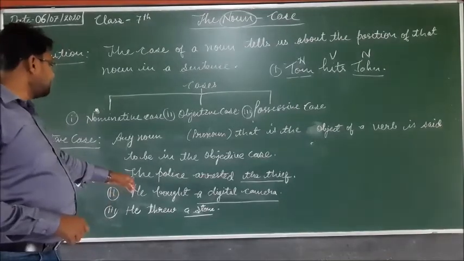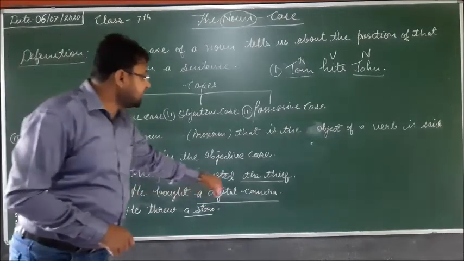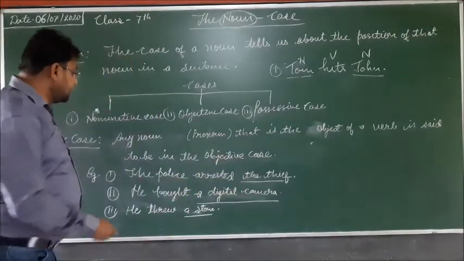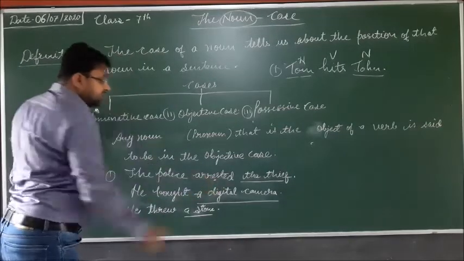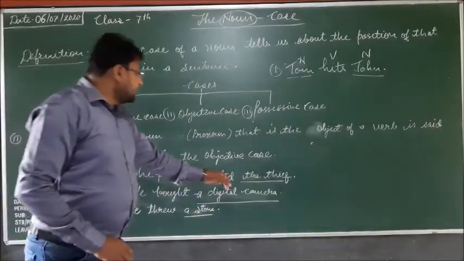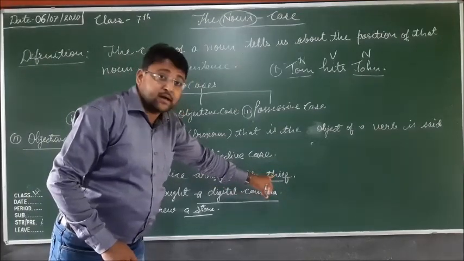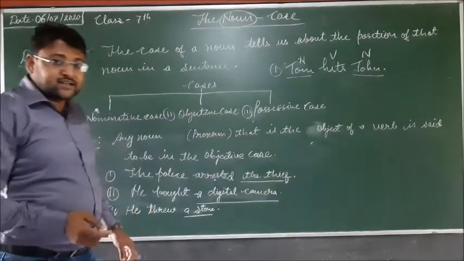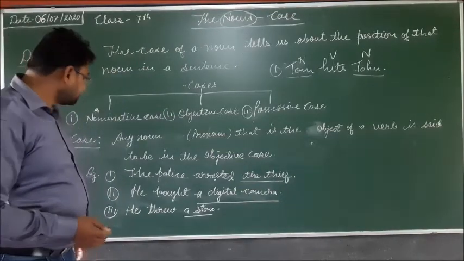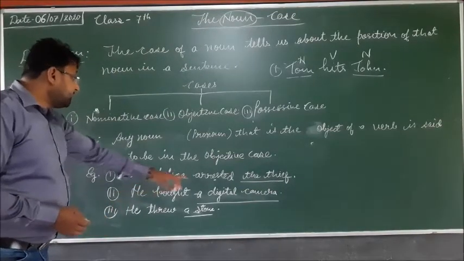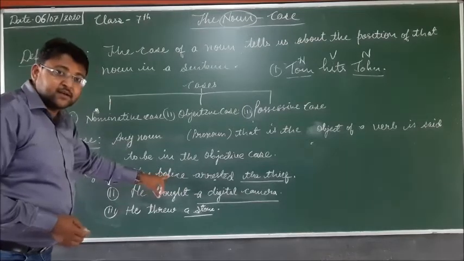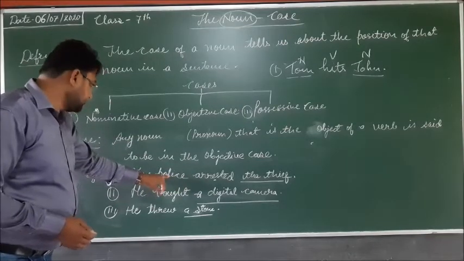Example: the police arrested the thief. Here arrested is a verb, and after the verb the thief came, which is a noun, so that is the objective case. And before the verb, the police is the nominative or subjective case.